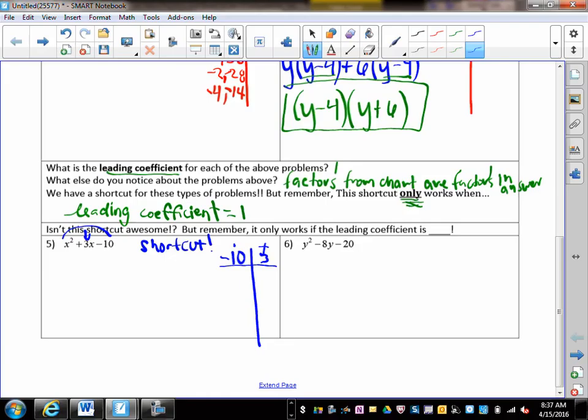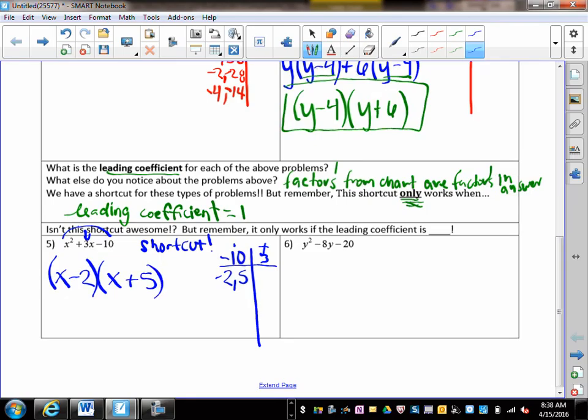Alright, what two numbers multiply to -10 but add to 3? -2 and 5. Do we agree? Yes. Alright, so that means our answer is (x - 2)(x + 5).